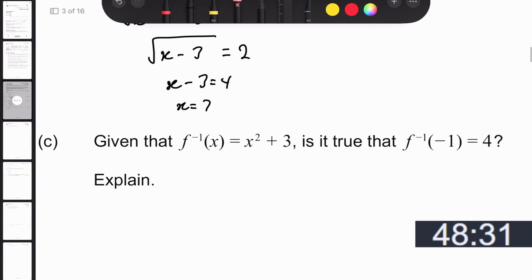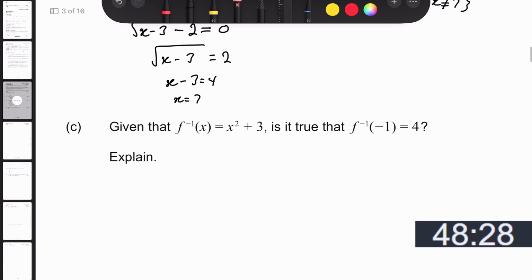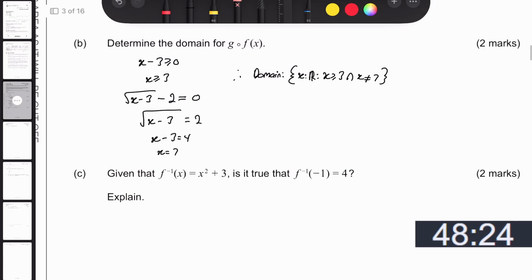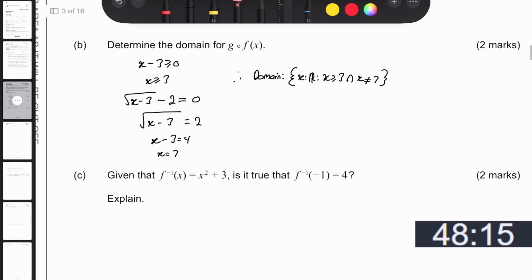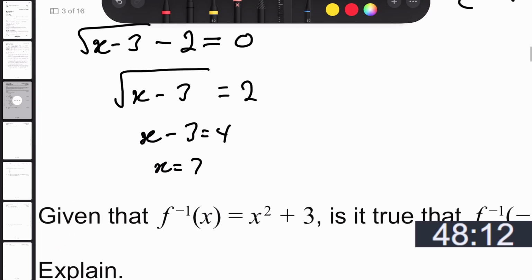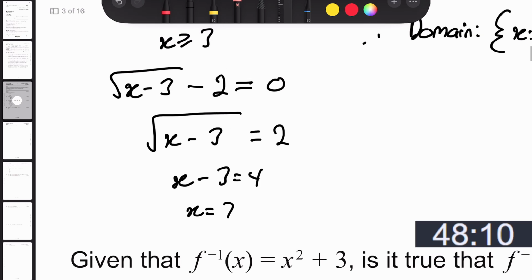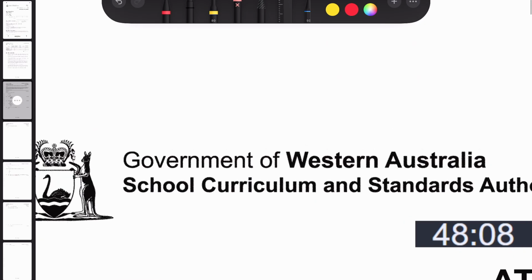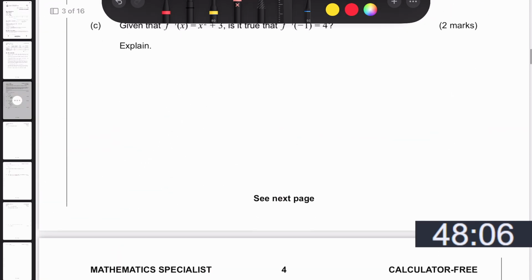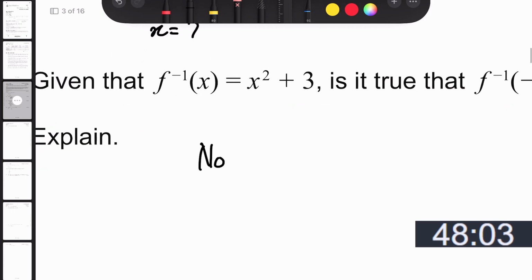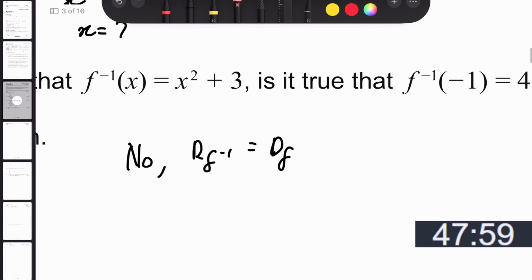Okay, given that, is it true that f negative 1 is equal to 4? No. No, because that's not within the bounds. Because I can't sub in. No, because range of f negative 1 is equal to the domain of f.